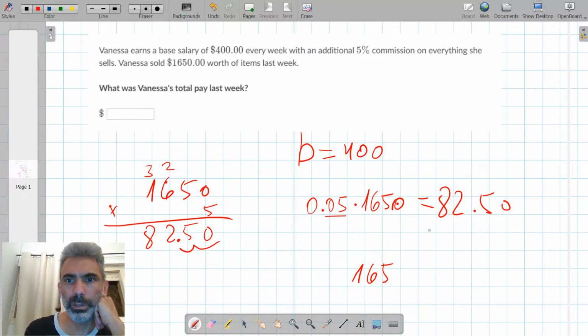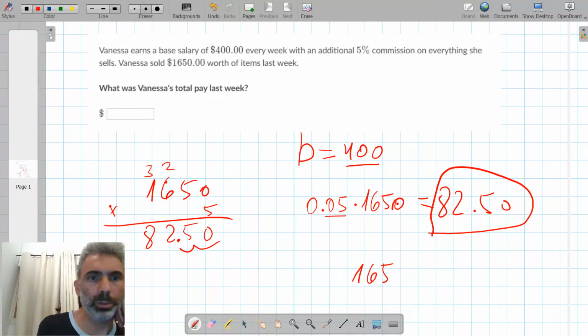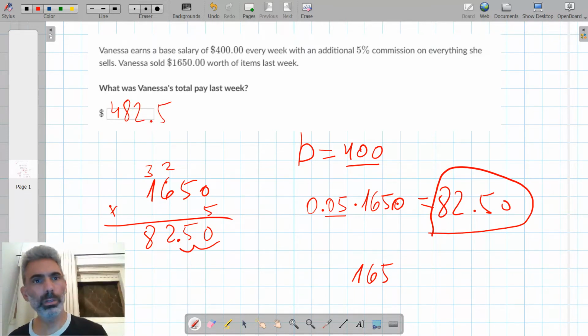So this is the commission, the amount of dollars that she got as a commission. So we need to add this commission to the base salary. So 482.5 is her total pay last week.